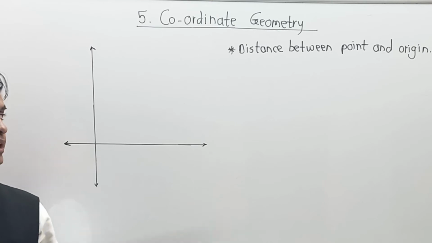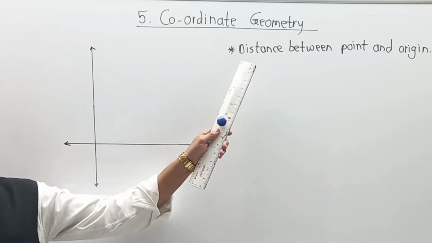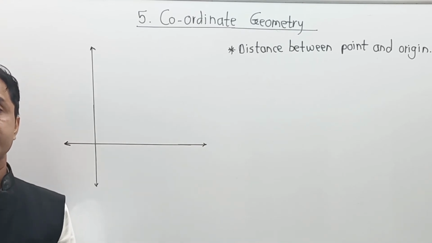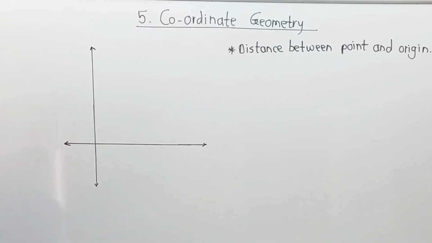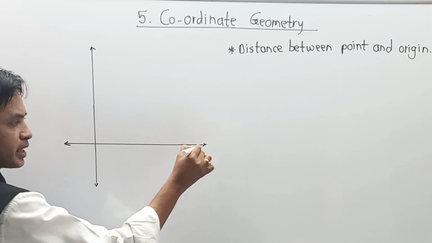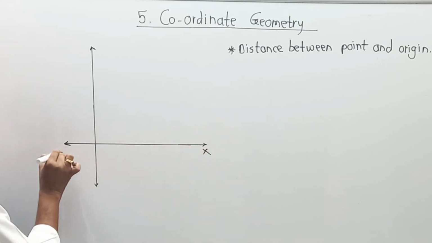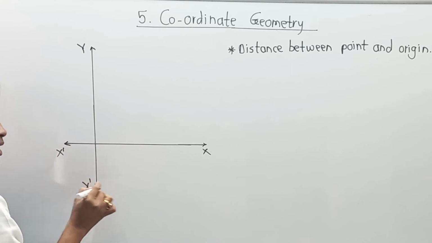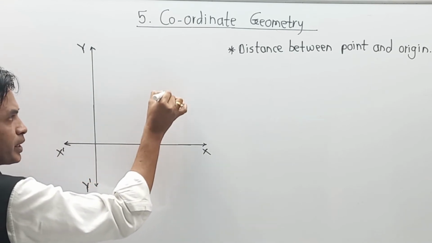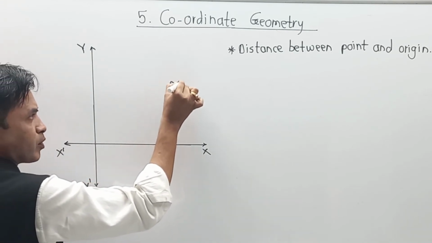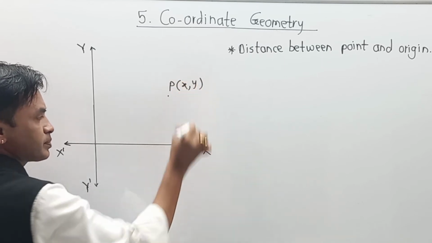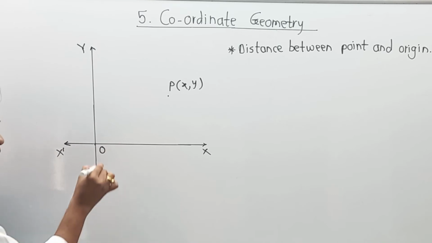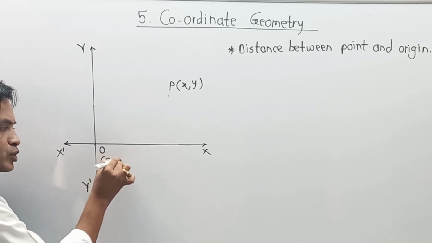Now we are going to learn a new additional concept of the distance formula, that is, the distance between a point and the origin. Now what exactly is that? Let me try to understand it practically over here. Let us say this is your x-axis, called x dash. This is your y-axis, called y dash, and there is a particular point, let us say P, having coordinate x y, and this is the origin, O, and I am writing its coordinate as 0 0.